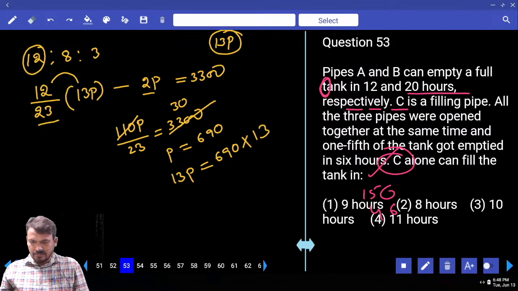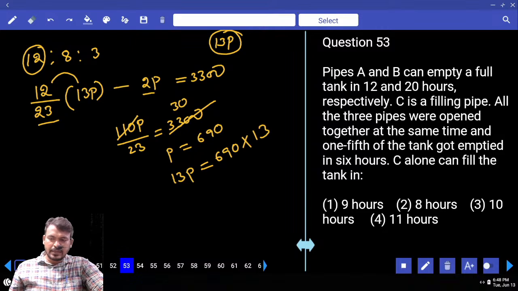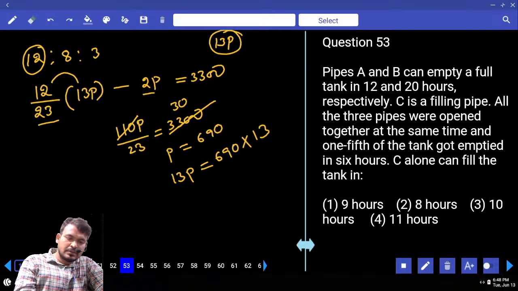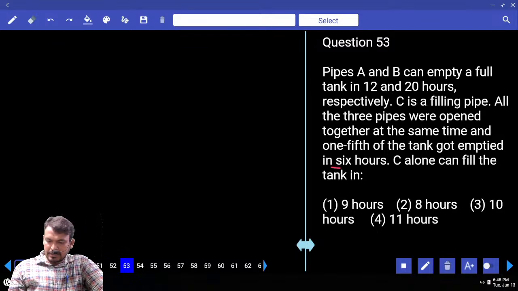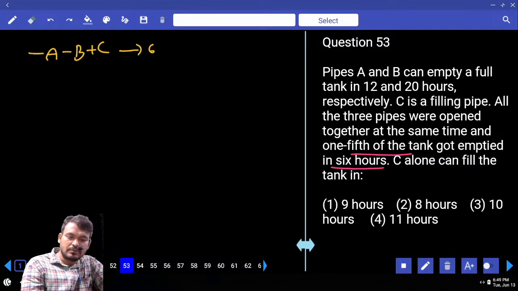Next question number 53. Pipes A and B can empty a full tank in 12 hours and 20 hours. C is a filling pipe. All the 3 pipes were opened together at the same time. 1/5 of the tank got emptied in how many hours? 6 hours. 1/5 in 6 hours means the total tank takes 30 hours. Means A, B, C: minus A minus B plus C equals how many hours? 30 hours.